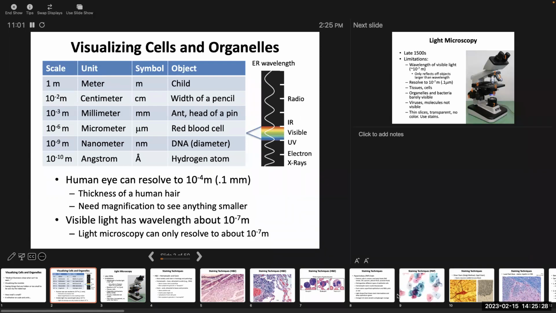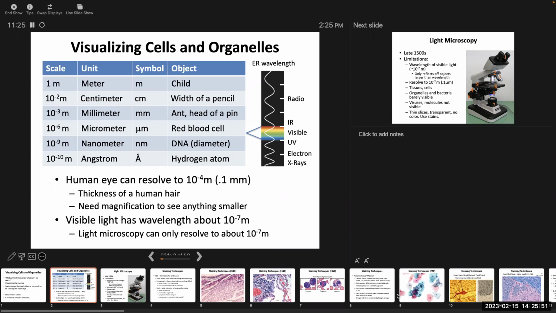So 400 nanometers, if a nanometer is 10 to the minus 9, you multiply that by 100, you get 10 to the minus 7. So, 4 times 10 to the minus 7 meters for what would be violet light or purple light, all the way up to 700 nanometers for red light.